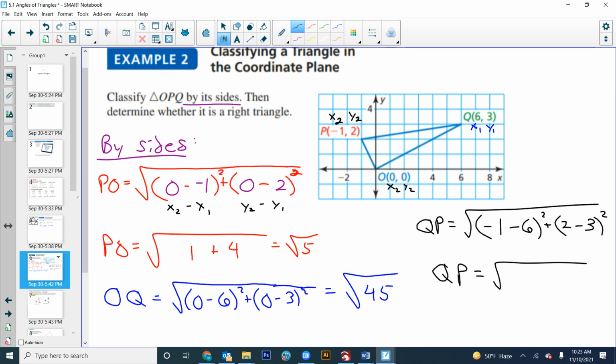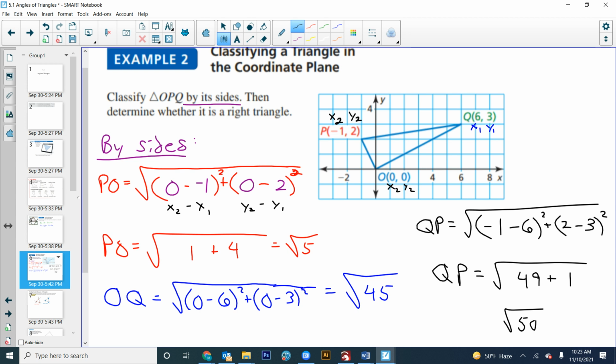What's -1 minus 6? -7 squared. 49. What's a 2 minus a 3? -1. Squared? 1. Square root of 50, which is a little bit more than 7. Because square root of 49 was 7. A little more than 7 units.